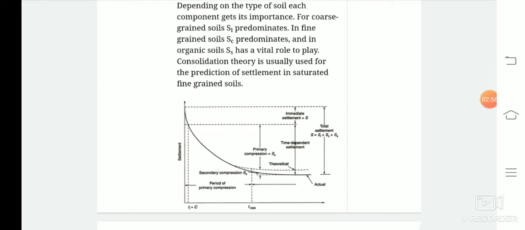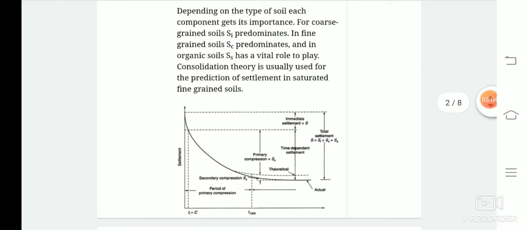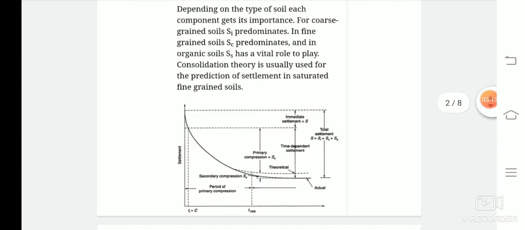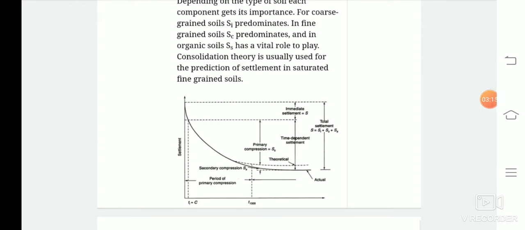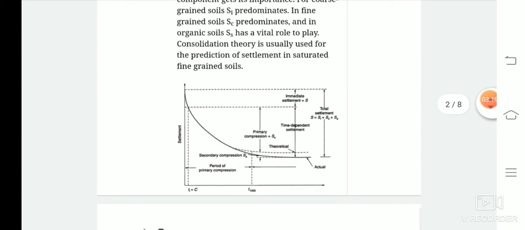Hence, time dependent settlement is the major criterion and governs the settlement for fine grain soil. And in case of organic soil, secondary settlement has a vital role to play. Normally, the consolidation theory is mainly used for prediction of the settlement in case of primary and secondary consolidation.